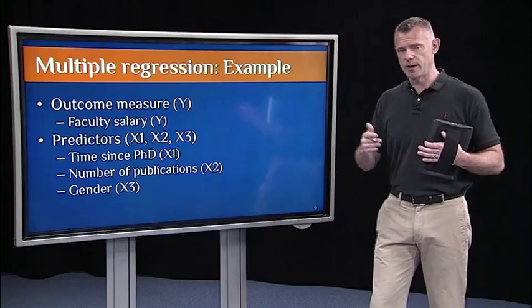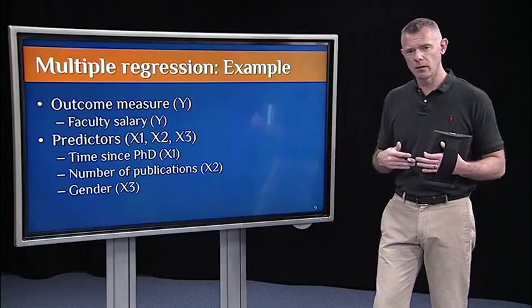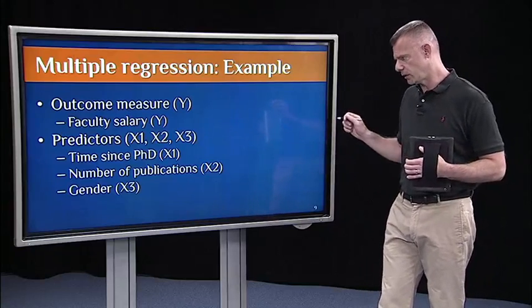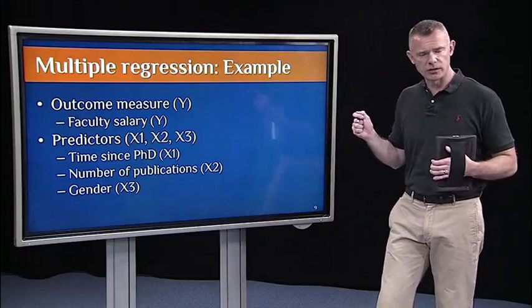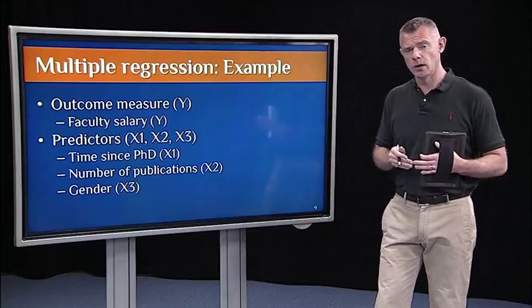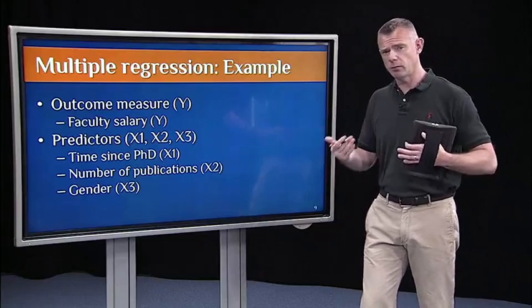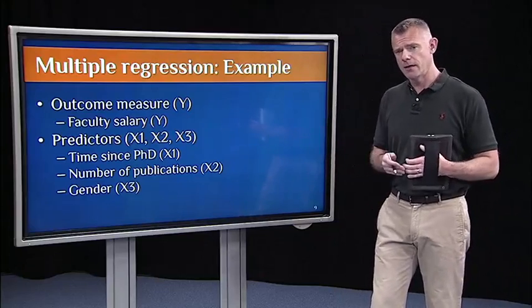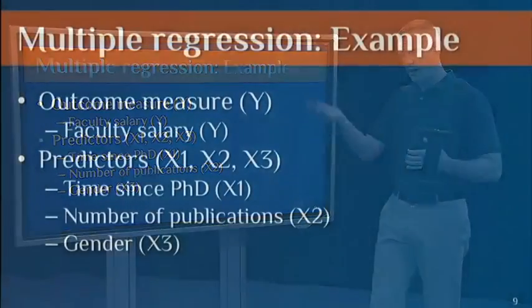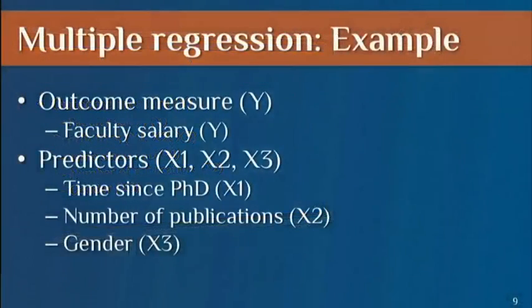People who have been out of school longer, been working longer, tend to make more money. Another predictor is how many publications, particularly peer-reviewed publications, an individual has. If a faculty member is really prolific and publishes a lot, that means they tend to be very marketable, and their salary is probably much higher.